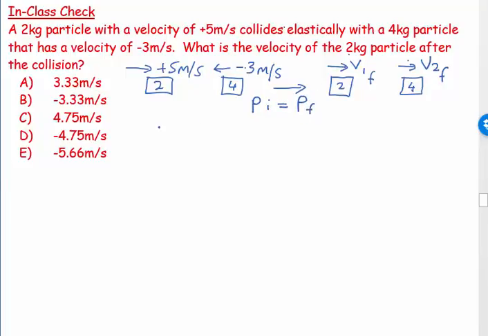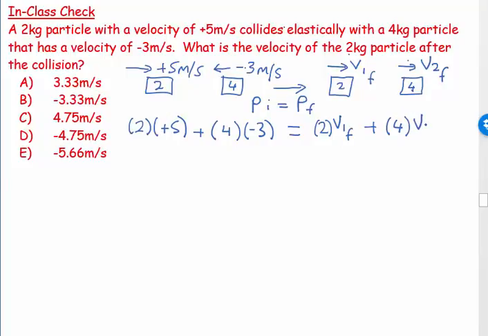The momentum of the system initially is equal to the momentum of the system final. So it's m times v: 2 times plus 5, that's the momentum of the first particle, plus m times v, which is 4 times minus 3, that's the momentum of the second particle, is equal to 2 times v1 final plus 4 times v2 final.